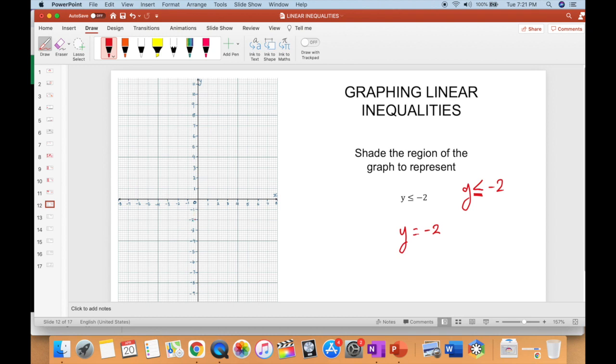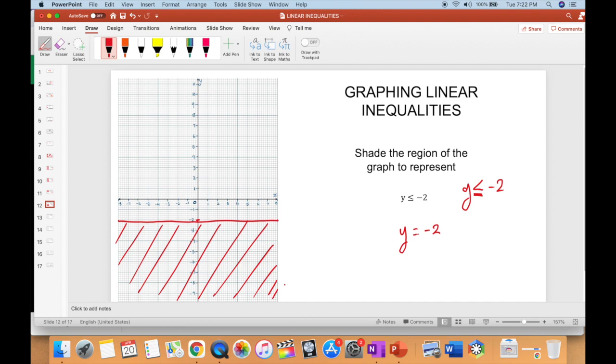So -2 is over here, and I will draw the solid line y is equal to -2. Now I will shade the part where y is less than -2, which is below the line. So all here is where y is less than -2.